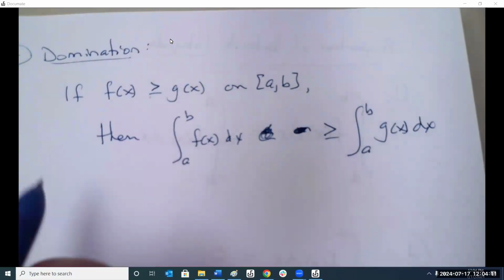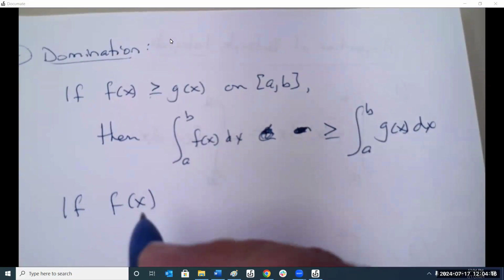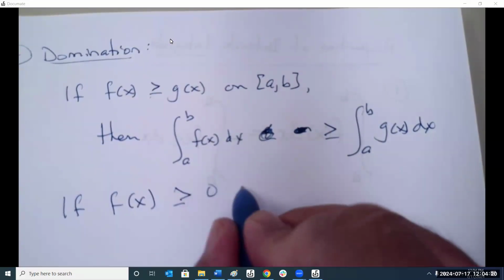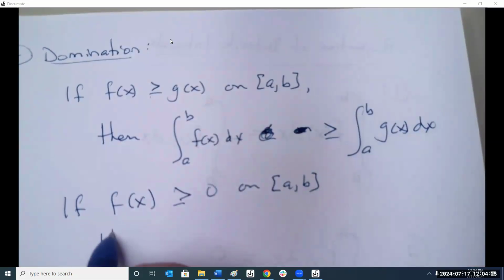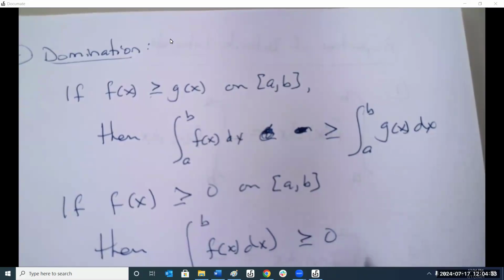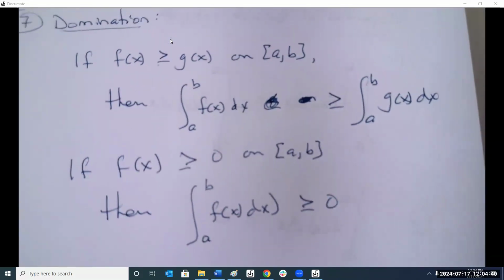And conversely, if f of x is greater than 0 on our closed interval, then the integral will also be greater than 0, will be positive. The last one, the domination, is pretty straightforward, actually.